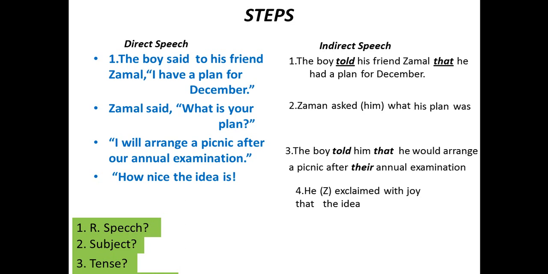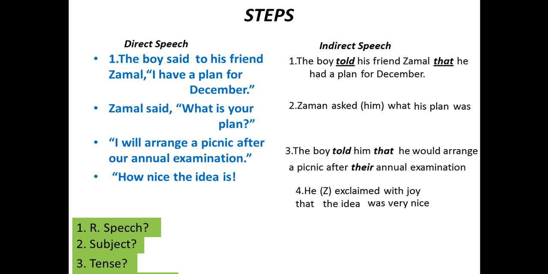Again, if you look at the tense, this is: the idea is, present indefinite tense, it will be past indefinite, so the idea was very nice. The other words will remain unchanged because they are not persons or anything else that is supposed to be changed according to the rules shown in our previous classes.